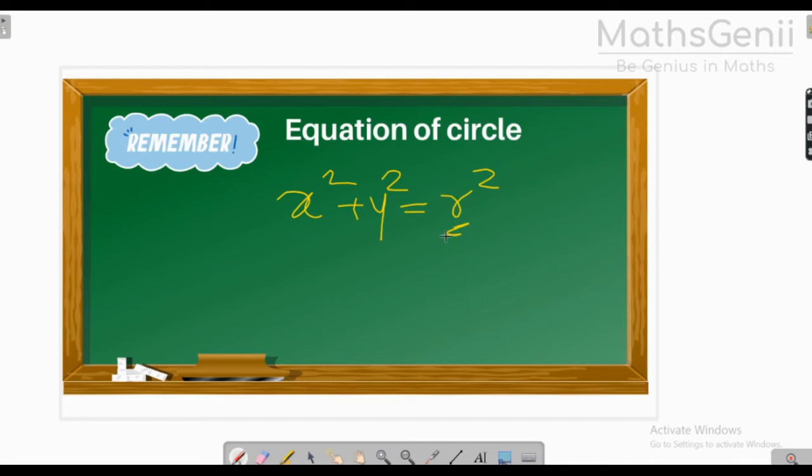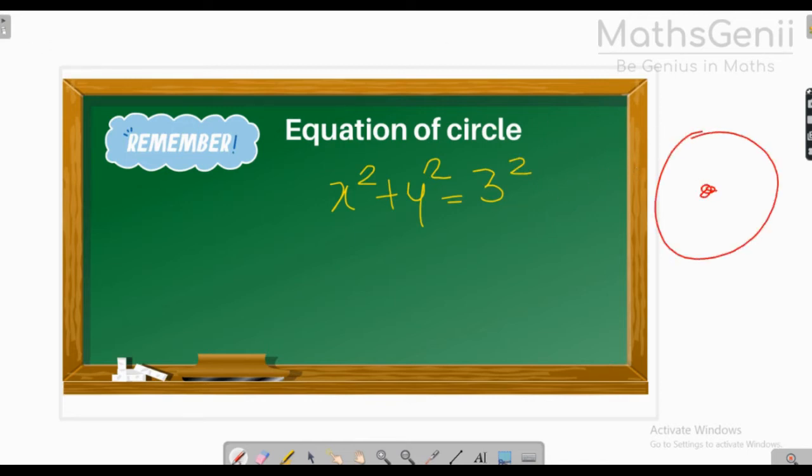For example, your r is 3 centimeter. So x square plus y square is equal to r square. R is 3 centimeter means there is a circle whose radius is 3 centimeter. Now see, this 3 square I am dividing on all the sides.